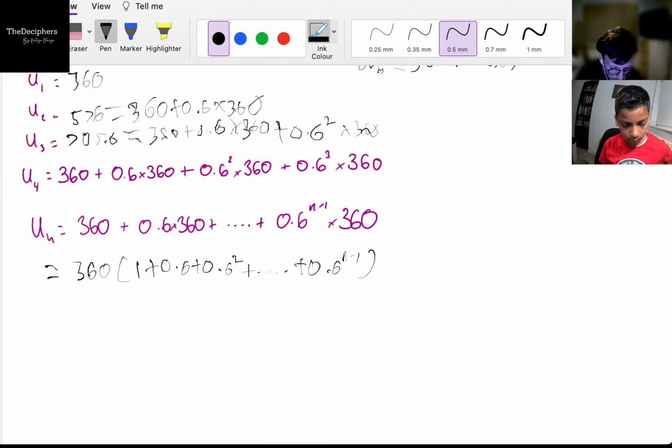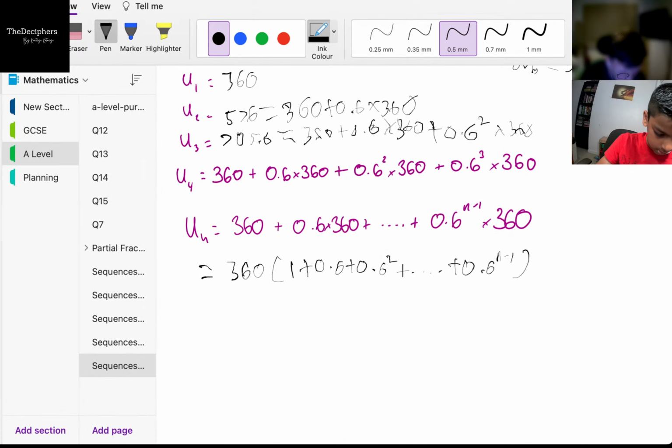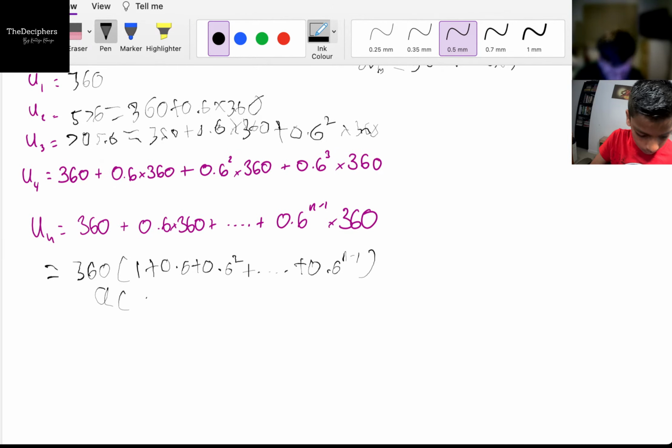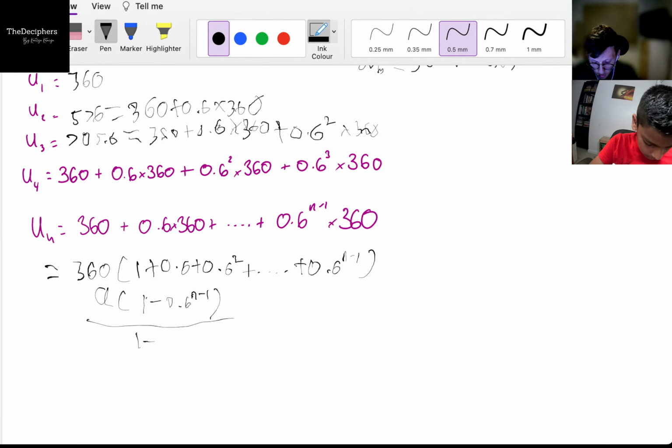Good, well done. So then we already figured out that was just a times by 1 minus r to the n over 1 minus r, that's 0.6 to the power of n minus 1 divided by 1 minus 0.6.